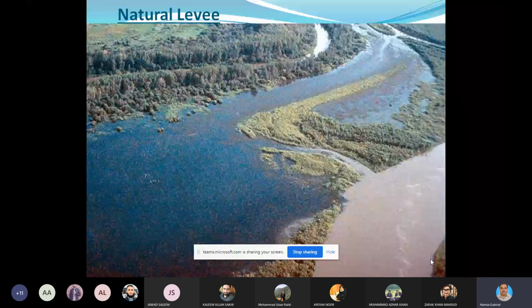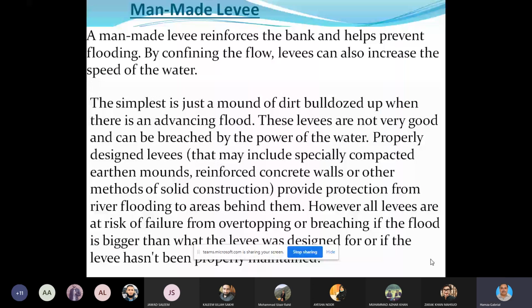And the other type are the man-made or artificial levees. Usually for flood mitigation, these are constructed parallel to the banks, on both the right and left banks of the rivers where you want to protect the adjacent areas.